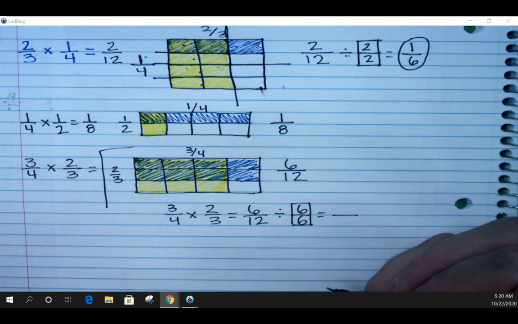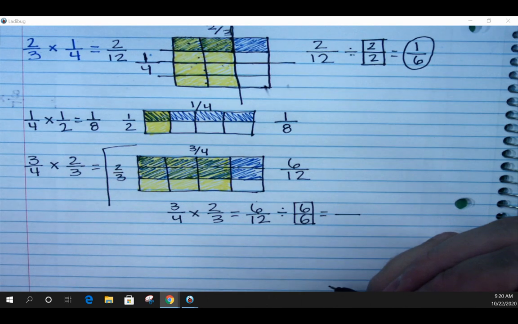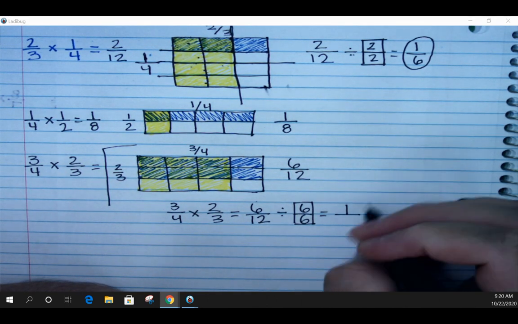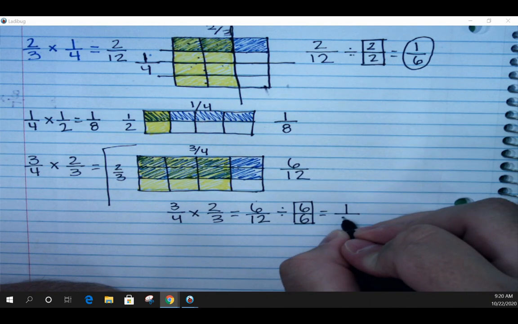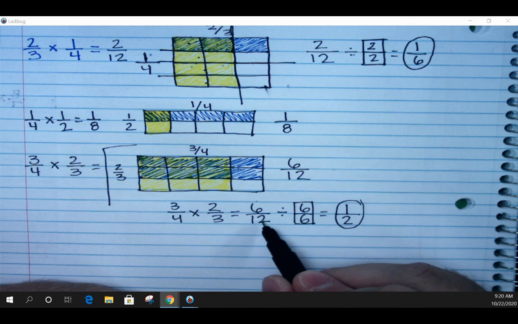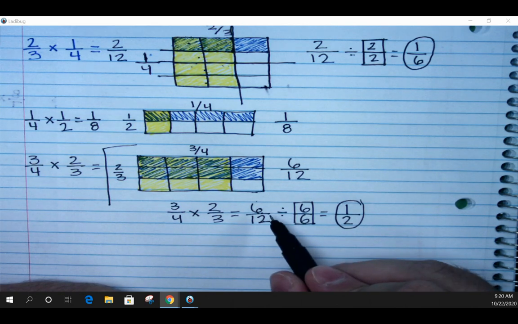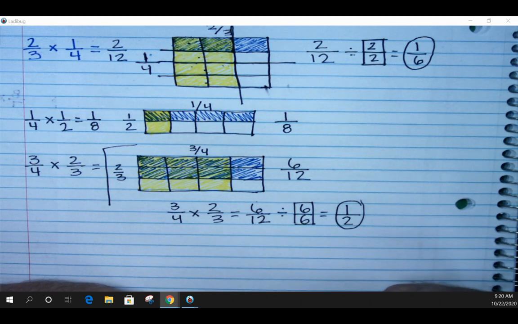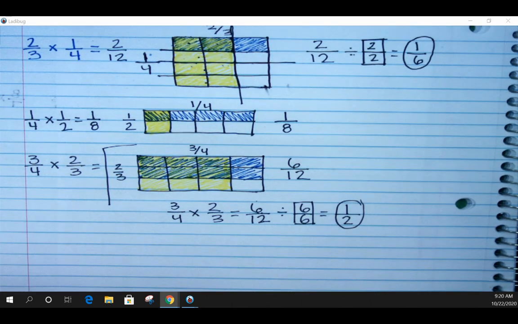I want to pick the biggest number that'll go into both of them. 6 divided by 6 is 1, 12 divided by 6 is 2. 6 is half of 12. Halves are easy to see to me, but you just got to get there.